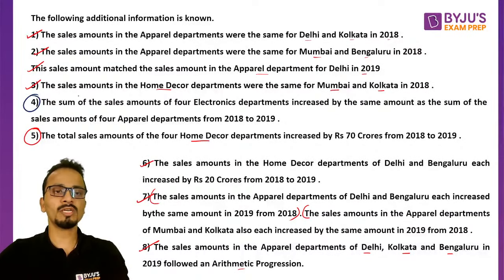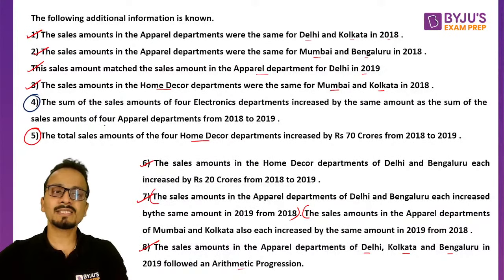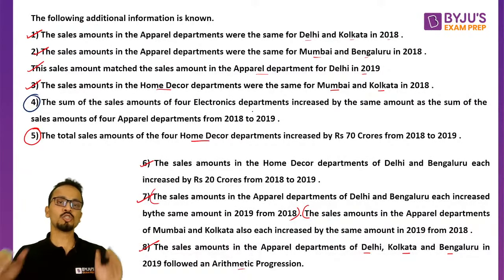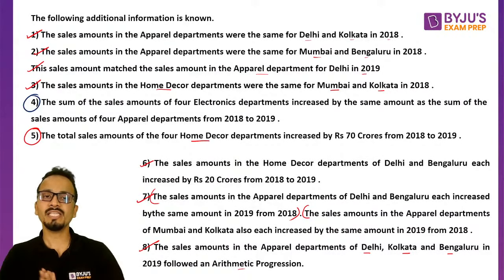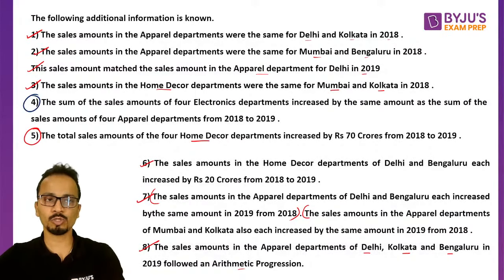The sum of the sales of 4 electronics department increased by the same amount as the sum of the sales of 4 apparels from 2018 to 2019. So जितना electronics में total increase हुआ है, the same increase will be there for apparel department from 2018 to 2019 for all the 4 cities.